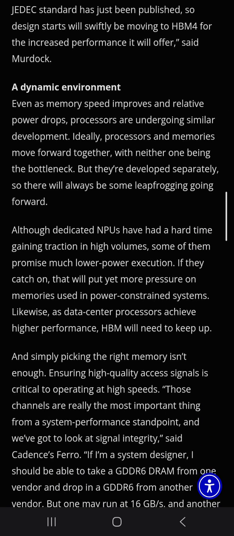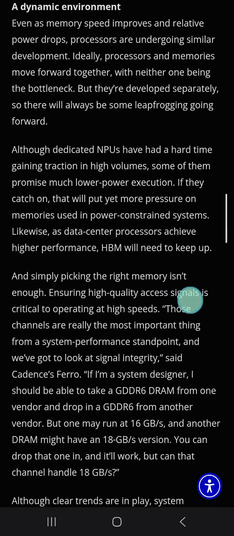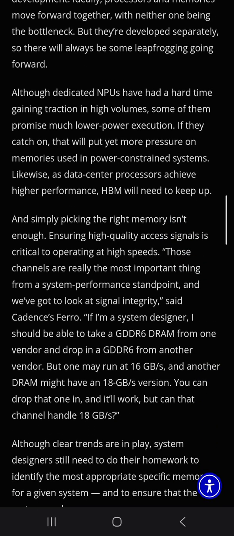Although dedicated NPUs have had a hard time gaining traction in high volumes, some of the promise of such lower-power execution, if they catch on, will put yet more pressure on memory used in power-constrained systems. Likewise, as data center processors achieve higher performance, HBM will need to keep up.